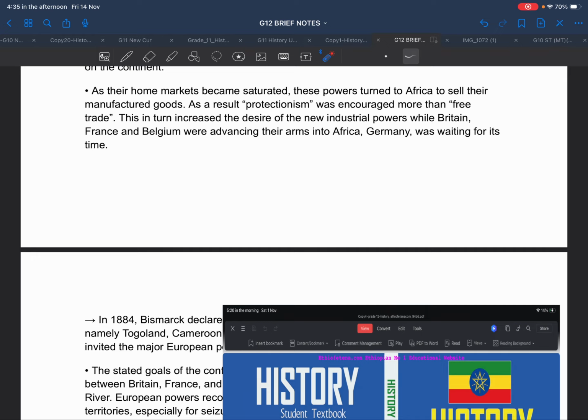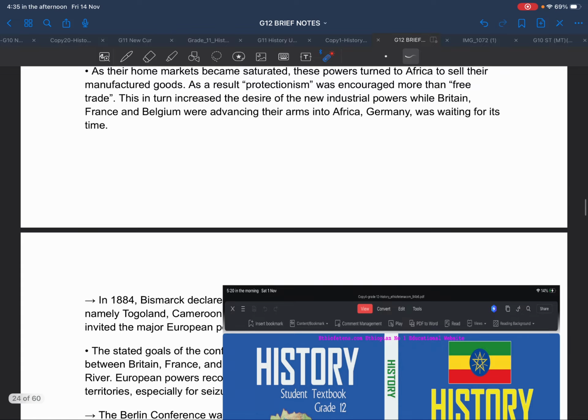If the British target was Europe, that became a problem. It became saturated, full. These powers turned to Africa to sell their manufactured goods. So as long as there was saturation of markets in Europe, they had to look for other means.